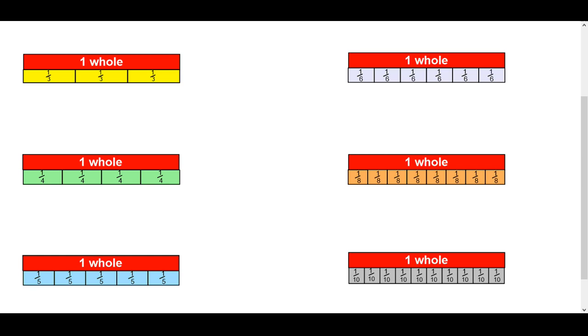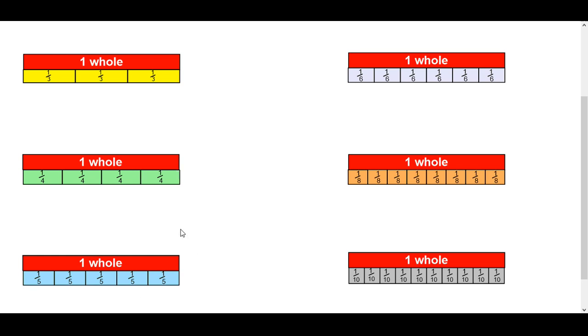And if you're doing 1 take away a quarter, then you've got 3 left over. Now what's happening here is basically if you take the top number away from the bottom number, you'll get what's left. So for example, there's 4 quarters and you take away 1, you're left with 3.